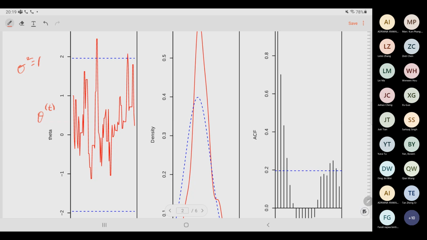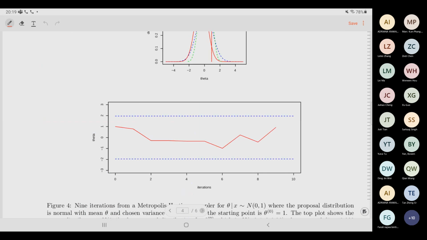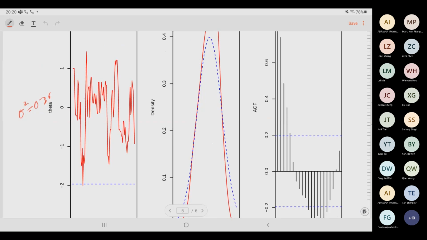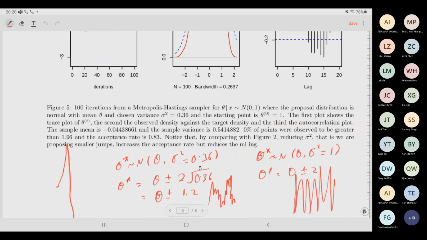Okay, so if you compare to the one with sigma square 0.36, you can see that the jumps are not as high as before. Because we already limited, as I say, if you look at a normal, mostly they will go about 2 standard deviations, so 1.2.